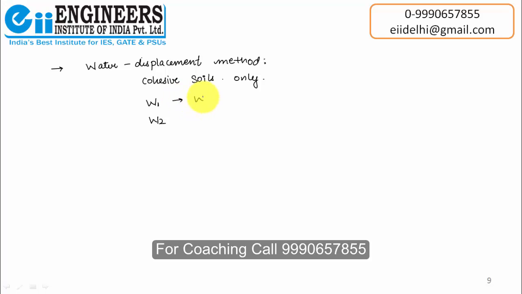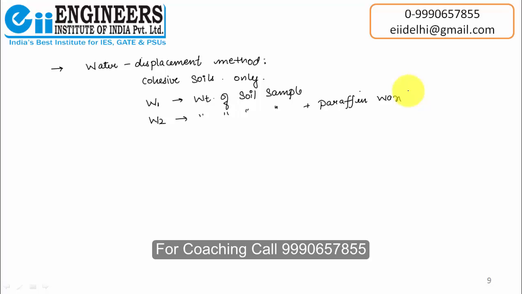Well, W1 was the weight of the soil sample and W2 was the weight of the soil sample plus paraffin wax, because we have coated our soil sample with paraffin wax and weighed it again.